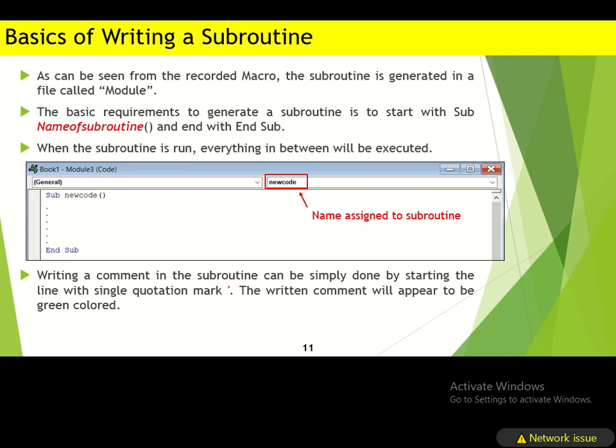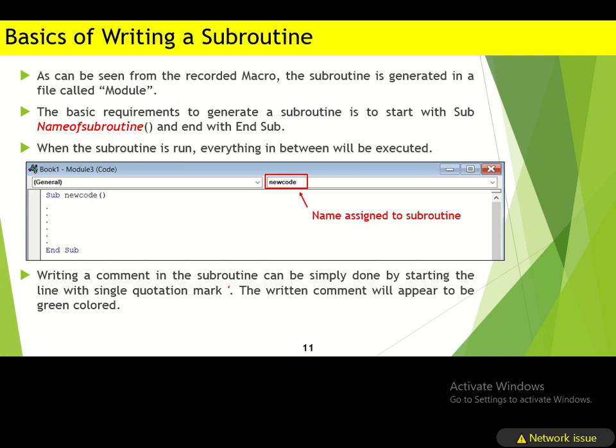After Sub you type the name, whatever name you want to give. Here it is creating a new subroutine and the name is new code, and then two brackets with nothing in the brackets. Clear?